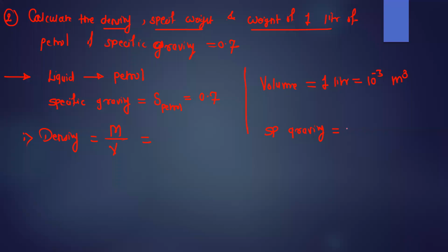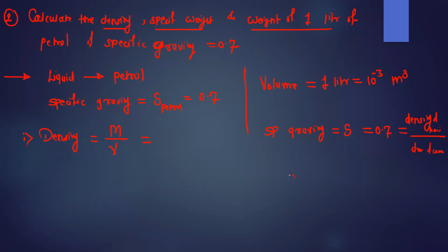So S is equal to 0.7. So what is specific gravity? It is nothing but the density of any liquid upon the density of water.